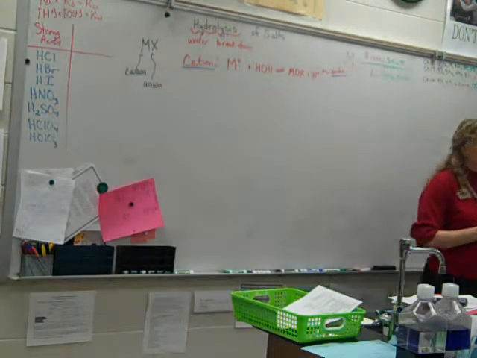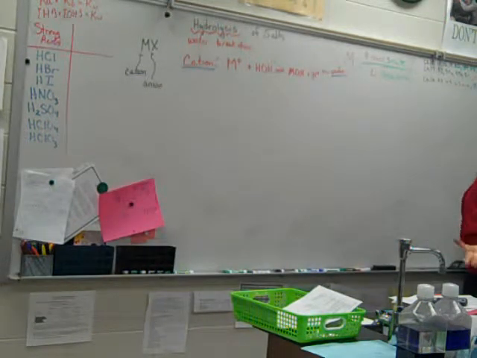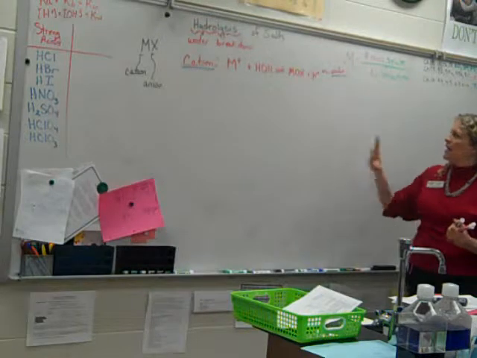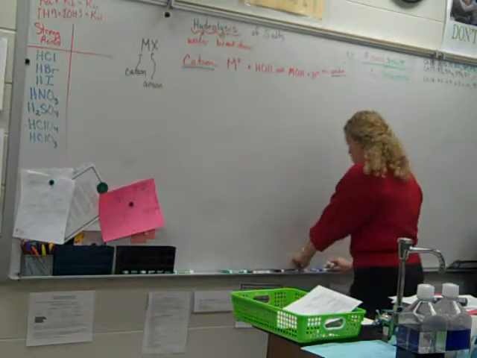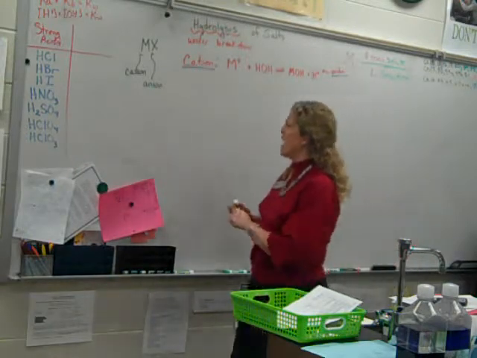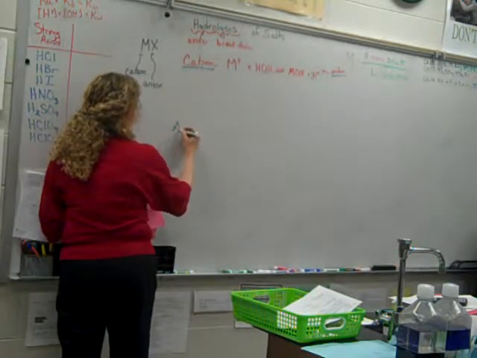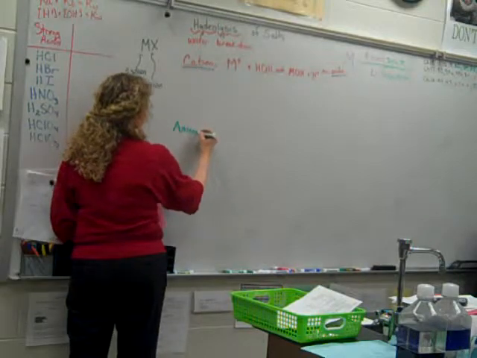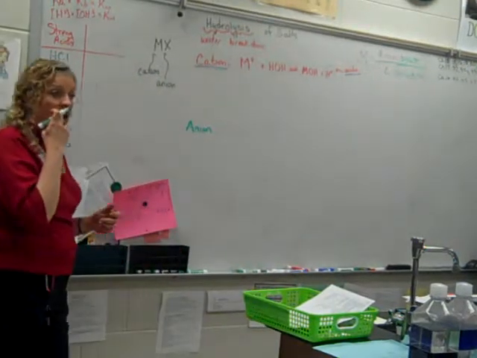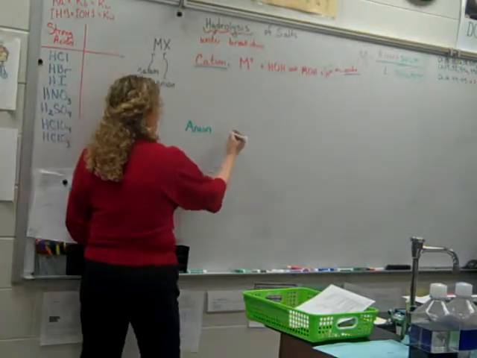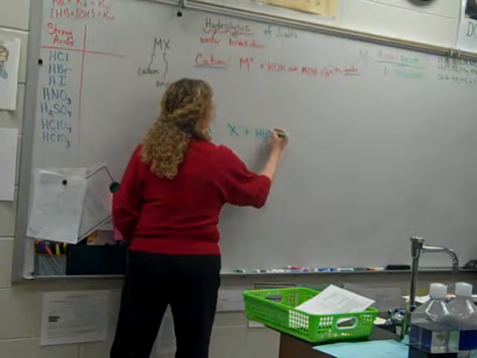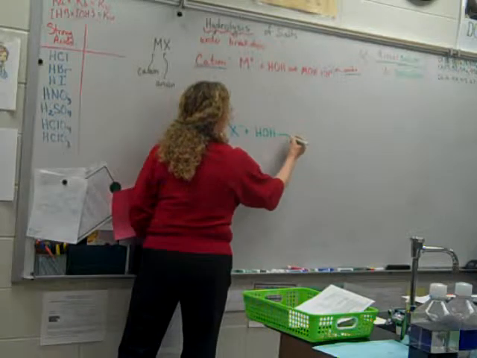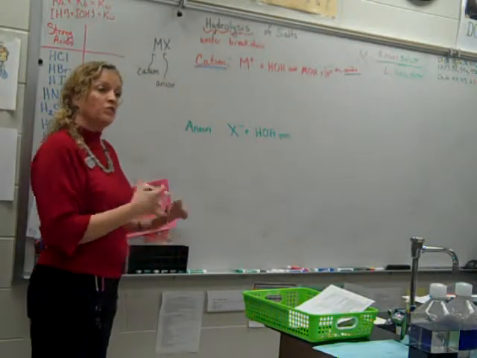Okay? We're going to talk in a second about which ones can and which ones can't, but let's first just lay the groundwork. So leave some space, and now let's talk about our anion. Okay? So anions. If they are able to hydrolyze water, which part of the water will they attract? The H plus.